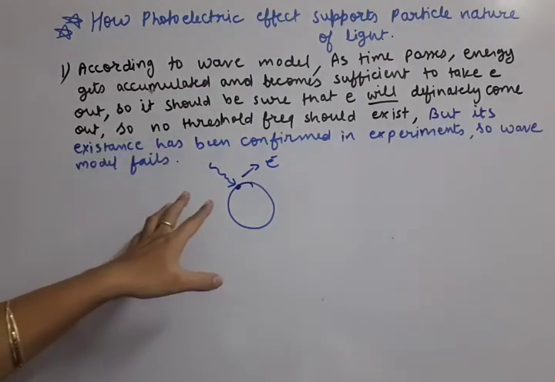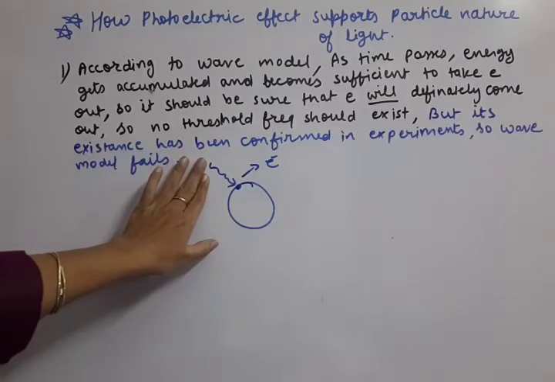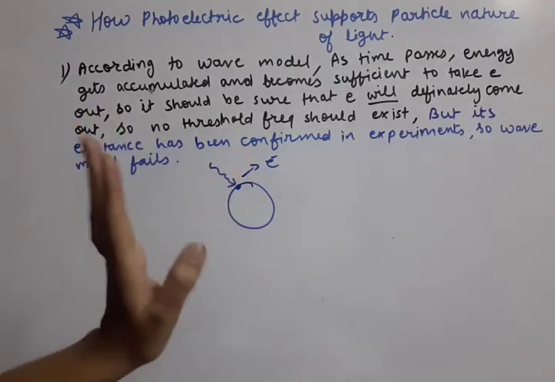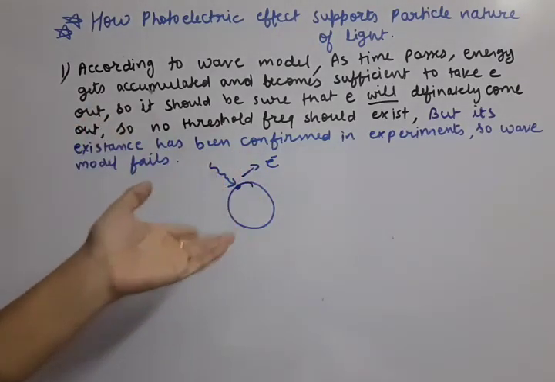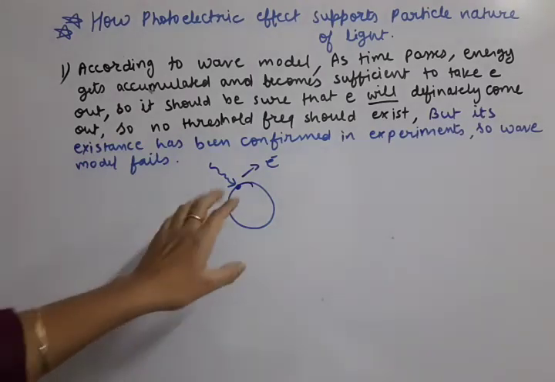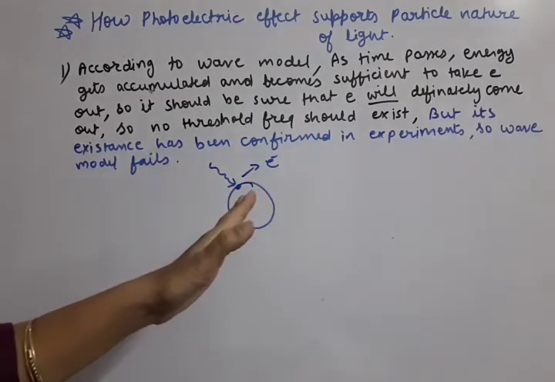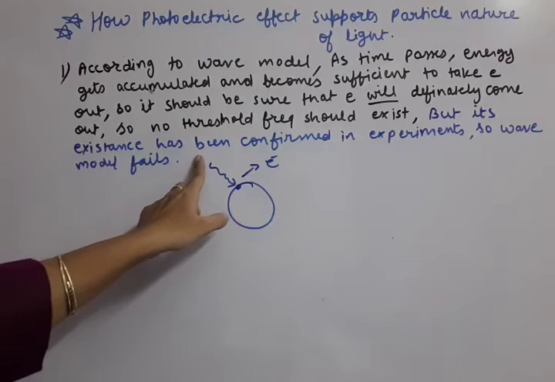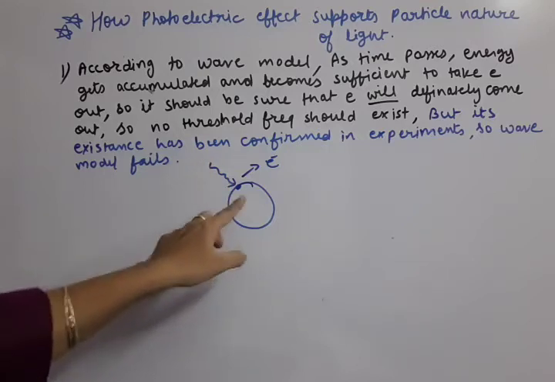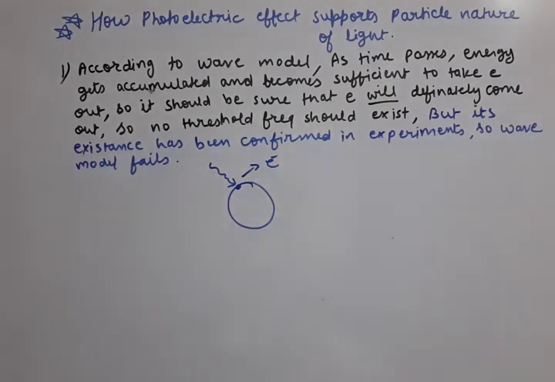So for every metal, whatever the initial energy of the light, the electron has to come out. That means no threshold frequency exists according to this wave model. This wave model is saying that threshold frequency should not exist. Wave means continuous energy, so after some time the electron will definitely come out, but it doesn't happen.